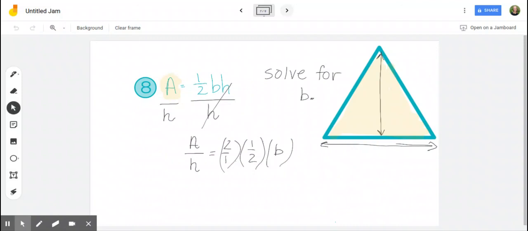But if we do something to one side, we have to do it to the other. Okay, so over on the left, we have 2 times a, which is 2a, over 1 times h, which is 1h, which is really just h. On the right-hand side, your 2's cancel and your 1's cancel, and we're left with b.